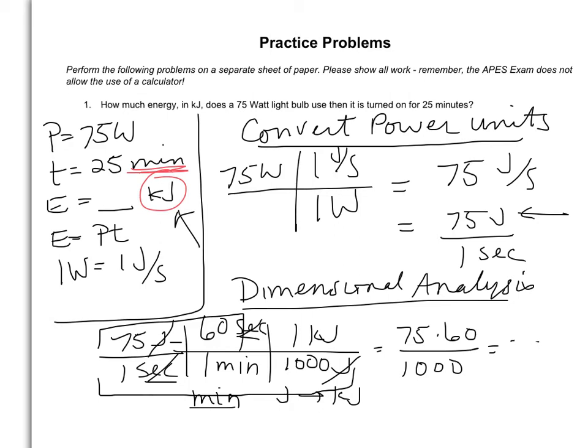Let me write that again: 4.5. Now what are my units? I know kilojoules per minute. We have 4.5 kilojoules per minute. That's the power that we're working with. That's the amount of power converted from joules to kilojoules and from seconds to minutes.